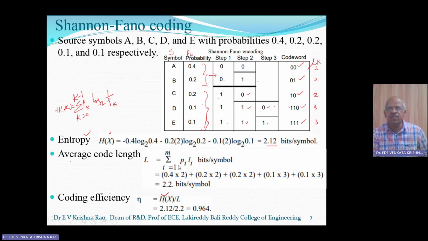So this is where P k and L k come in, and this is the average code length.